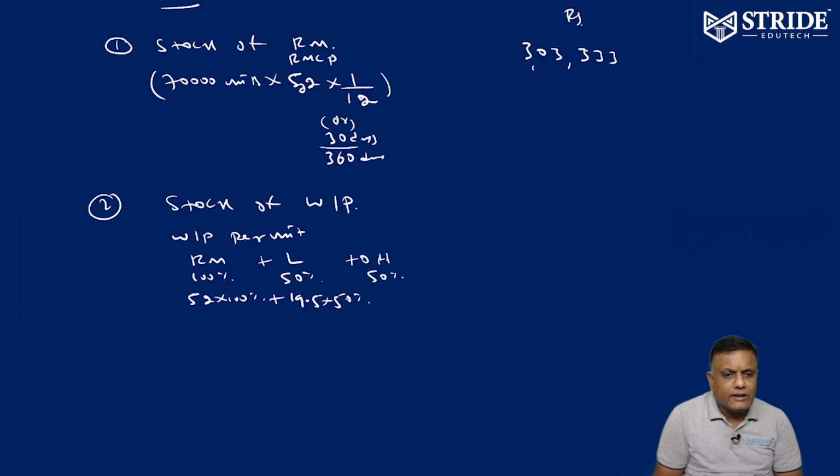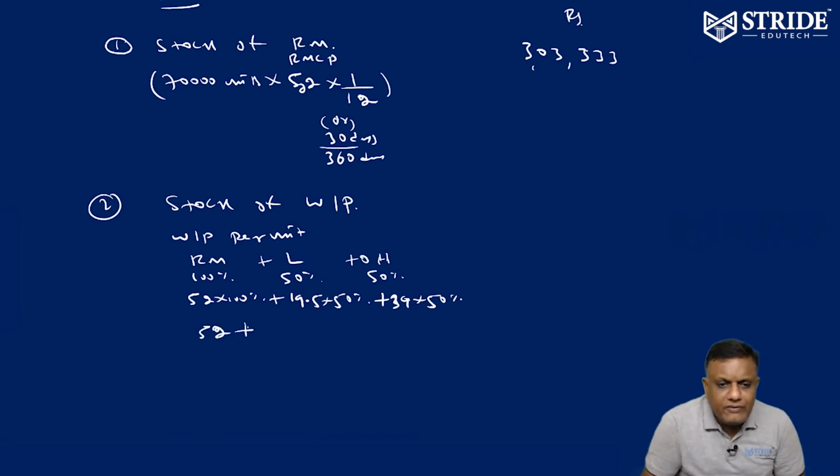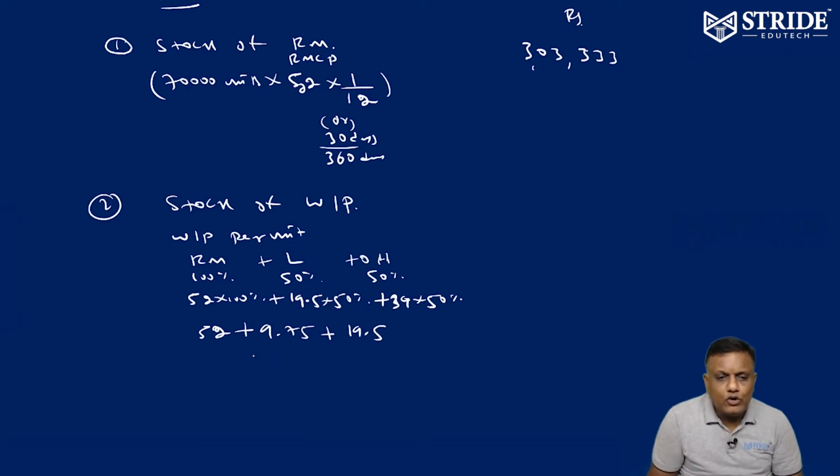The assumption is that both labor and overhead are 50% converted, that is 39 into 50% converted. 52 into 100%, 52, plus 9.75, plus 19.5. If you just add, you will be getting 81.25. So WIP per unit is 81.25, right?